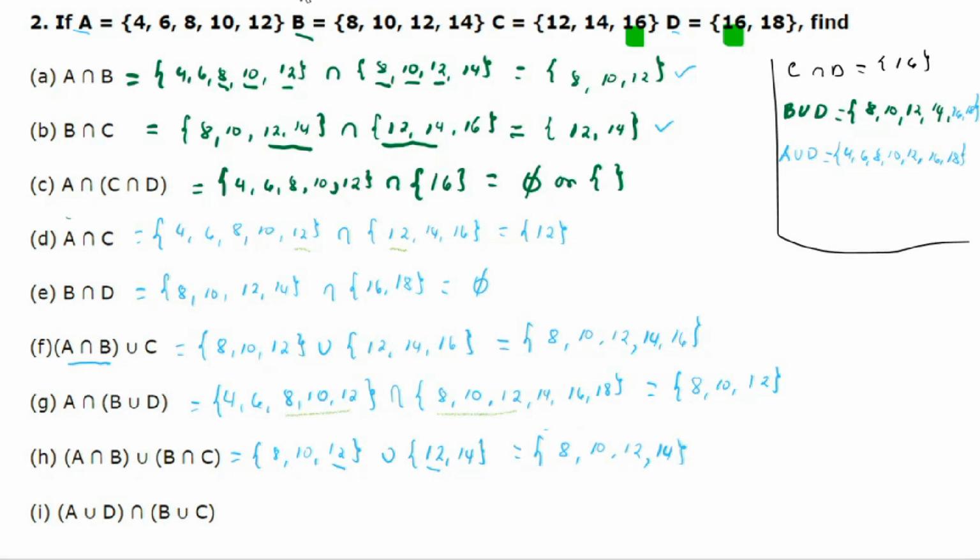That is the answer for A union D. So I can write it here: 4, 6, 8, 10, 12, 16, 18.